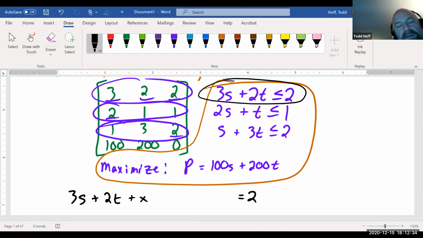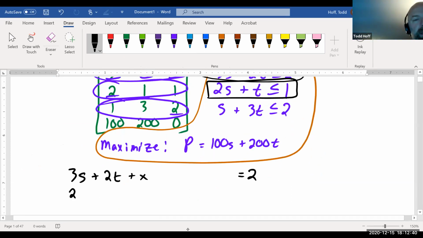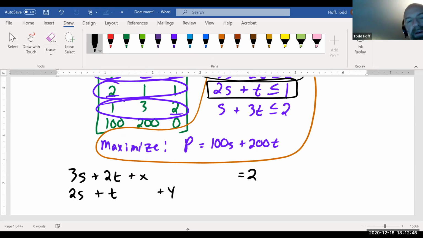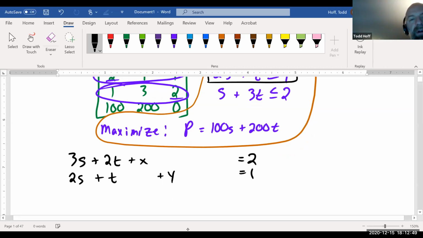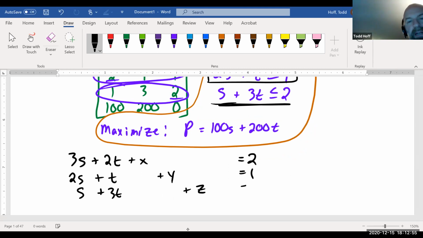Now I'm leaving space there for my other slack variables. My second equation, it'll be 2s plus t plus y will be my slack variable there, equals 1. Then my third constraint will be s plus 3t plus z will be my slack variable there, equals 2.